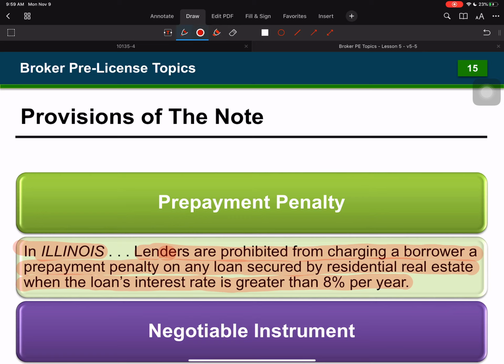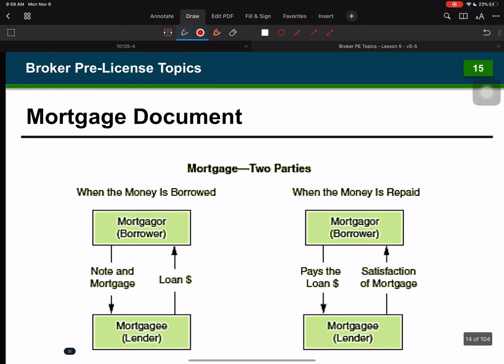Other thing to remember is that a note equals a negotiable instrument.